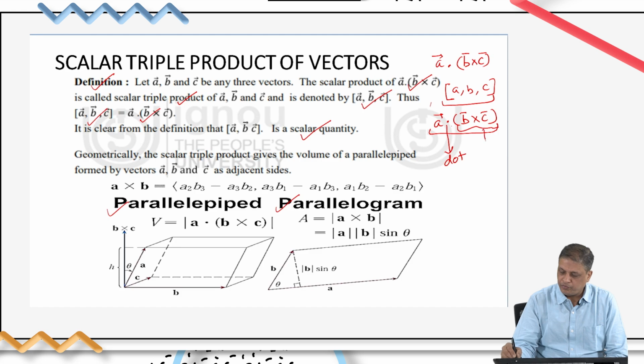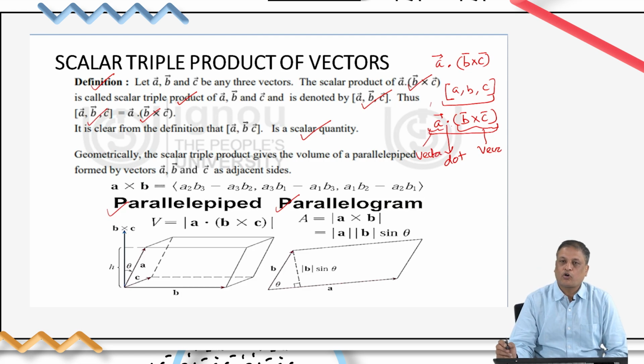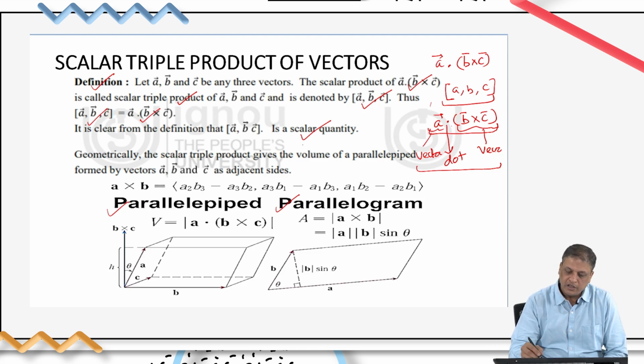This is a vector, and this is also a vector. So, the dot product of two vectors, wherein one vector is the cross product of two vectors, is known as a triple product, and because the dot product gives an output which is scalar in nature, it is a scalar triple product.